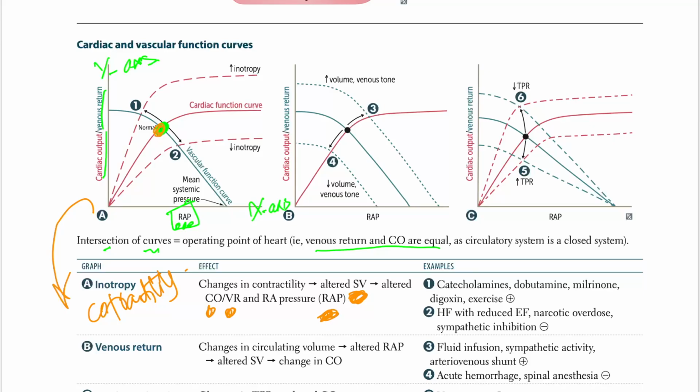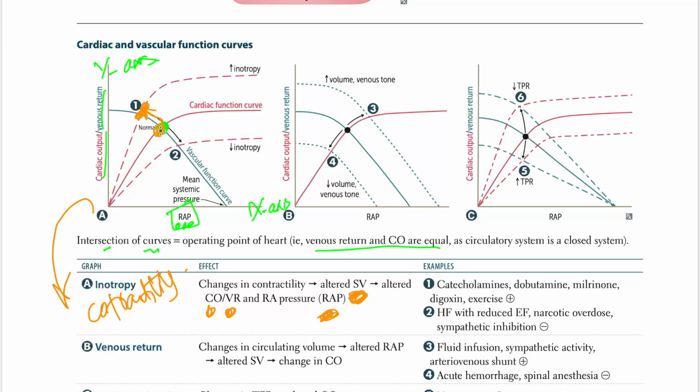They're saying if you increase the contractility, inotropy, which is the same thing, you will alter the stroke volume. So look what's going to happen here.